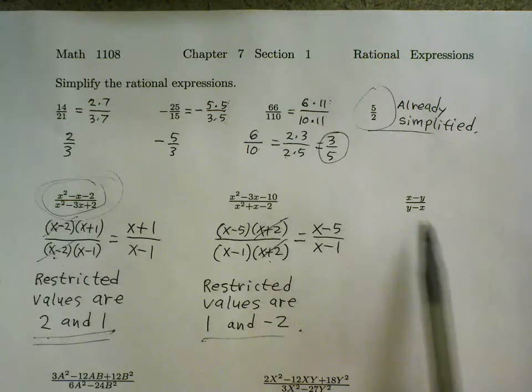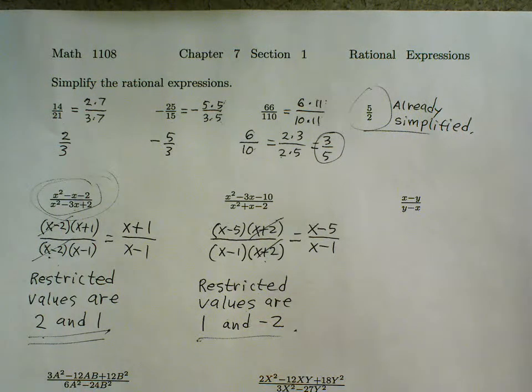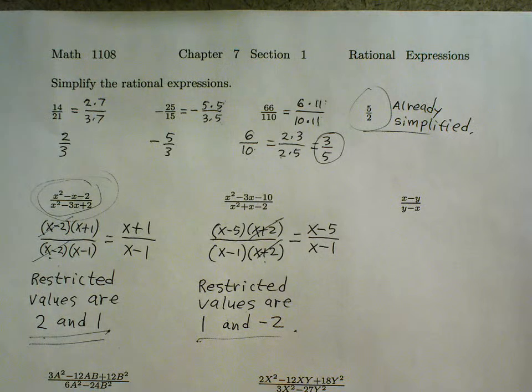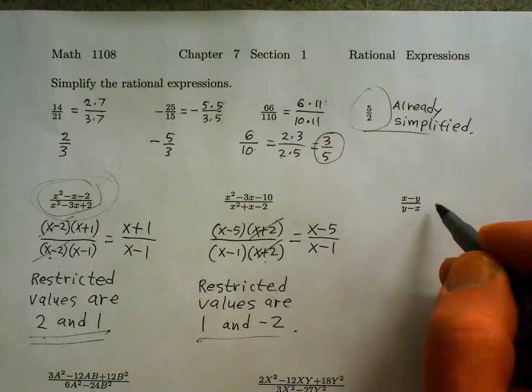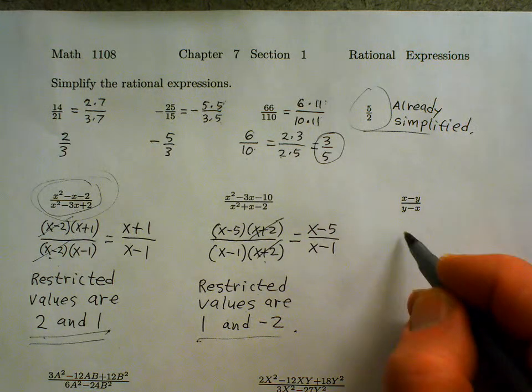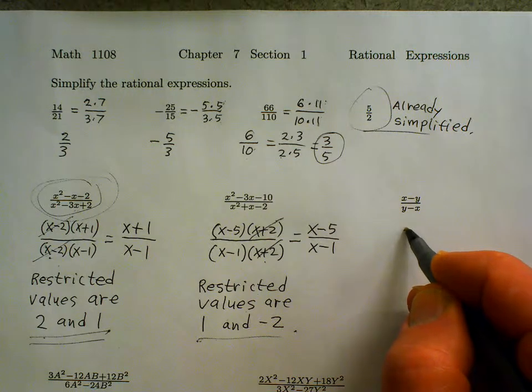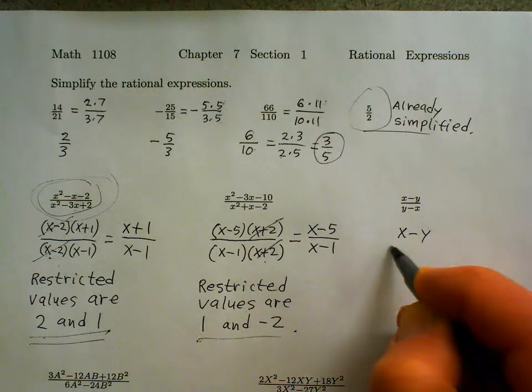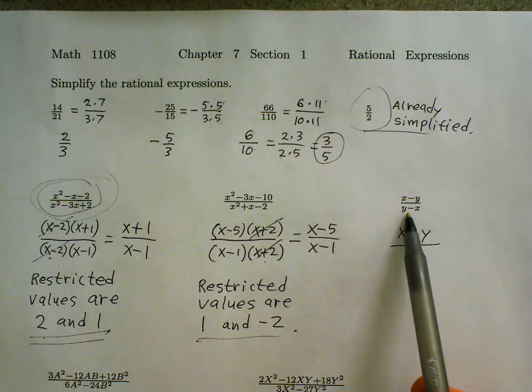Okay, the next one, x minus y divided by y minus x. Well, if we keep the denominator the way it is, x minus y, and factor negative 1 out of the denominator, y minus x.